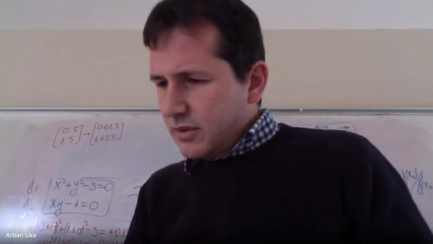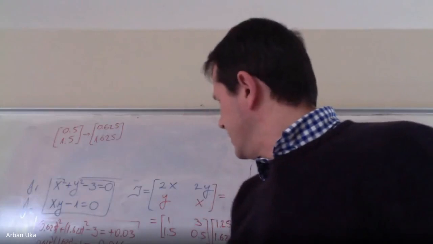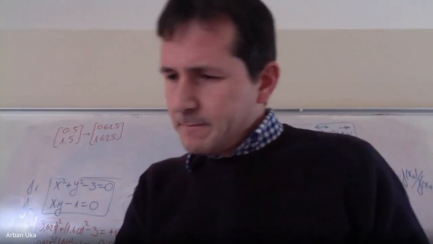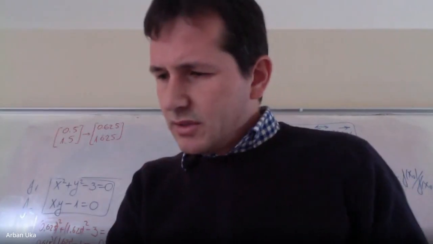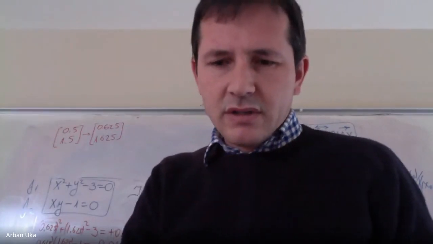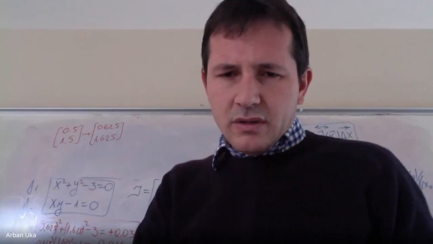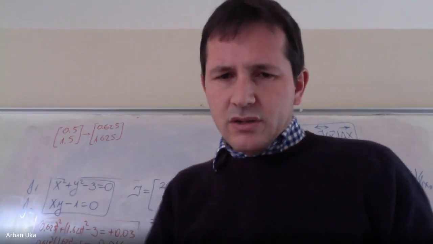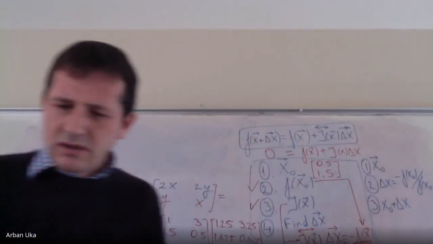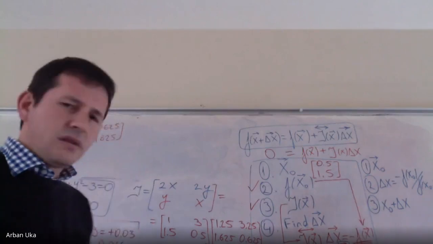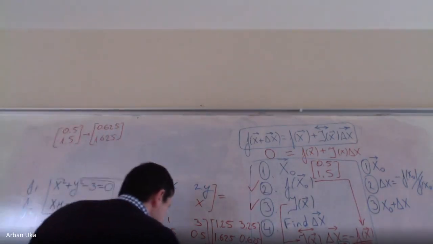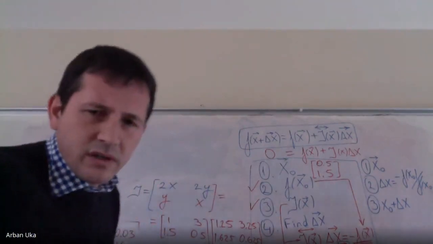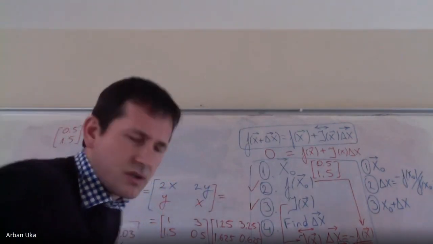Minus 0.03 and minus 0.015, minus 0.0156. Then we apply again. So I found, using this little thing that is written here, that the new delta x, the first one, I'm reading it from here, it's 0.007.